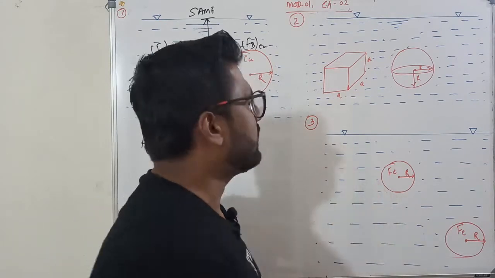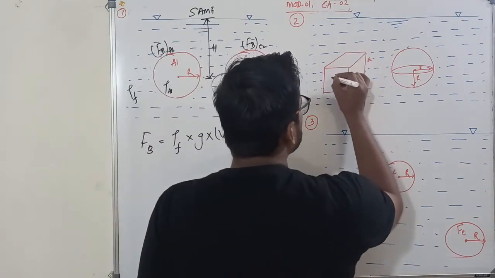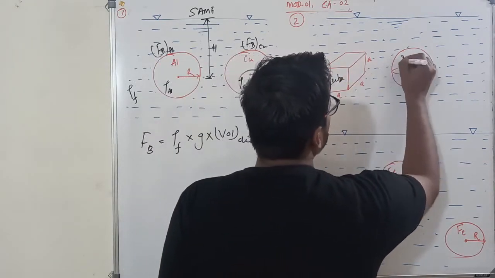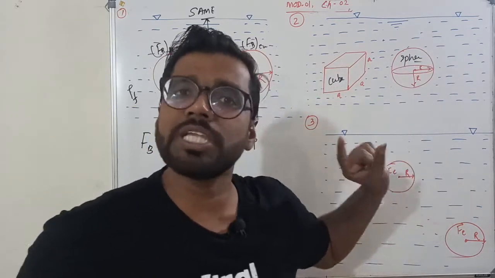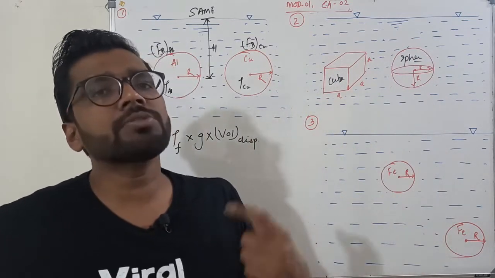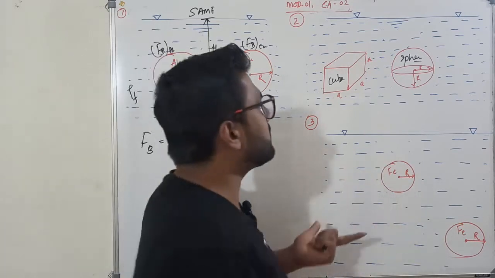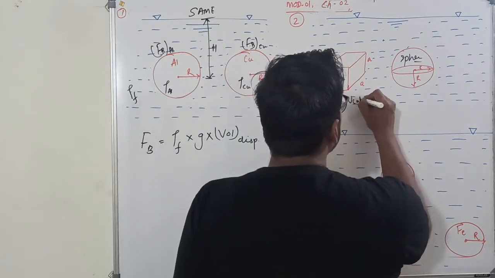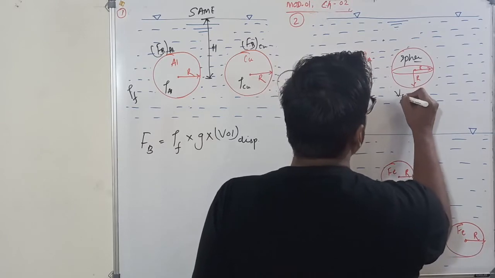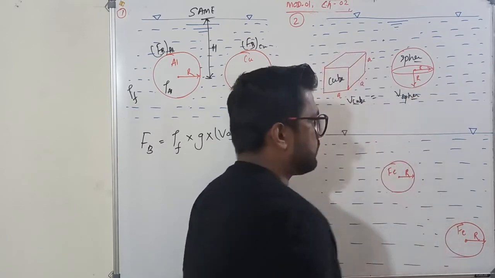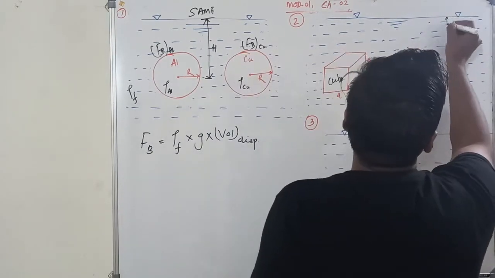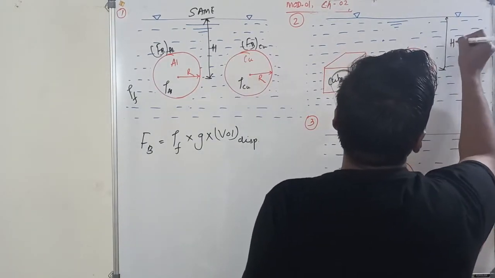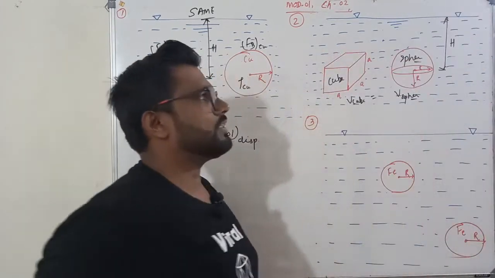Try to understand, it is no different. Here you have a cube, then you have a sphere. In this case I have two different shapes of the same material which have the same volume. The volume of the cube is equal to the volume of the sphere, as given in the question. They are the same material and at a depth h from the free surface of the liquid.